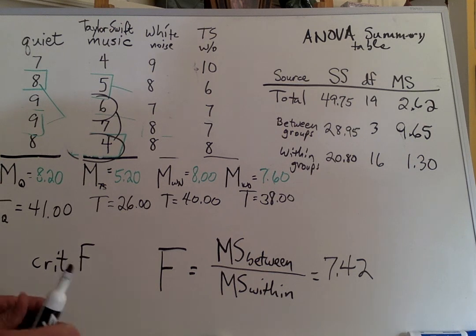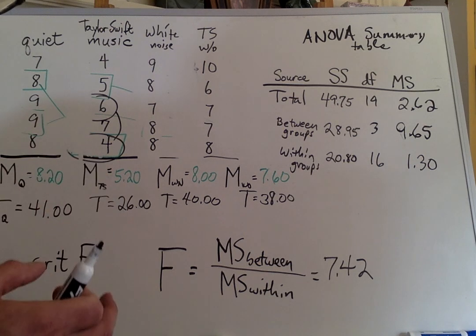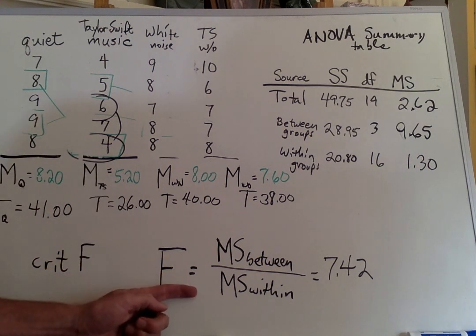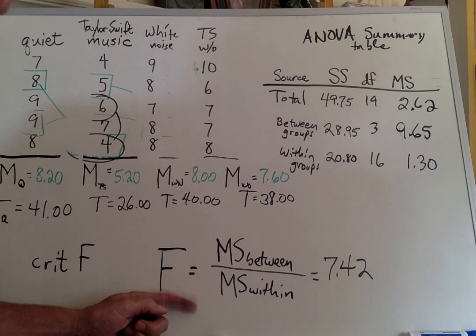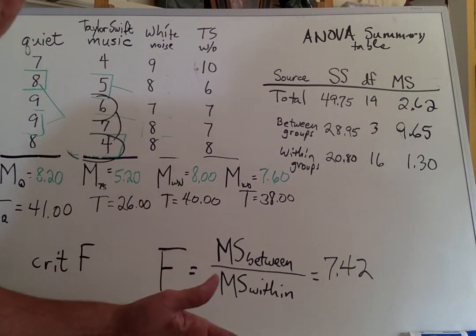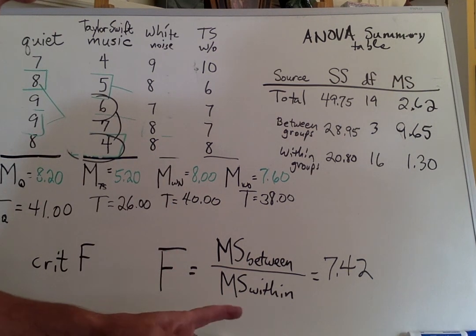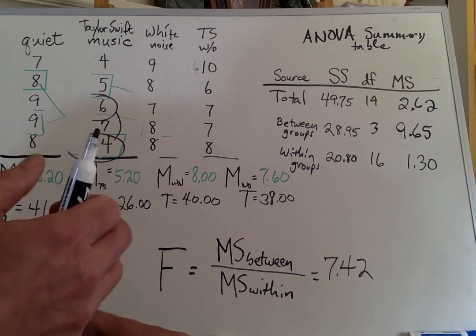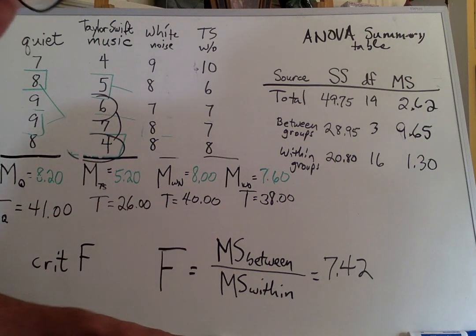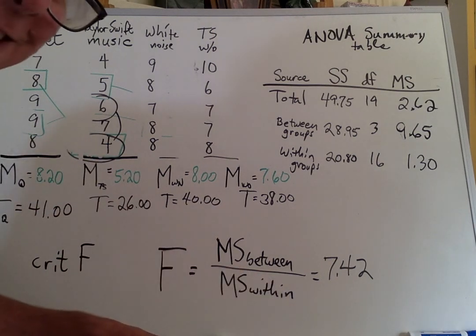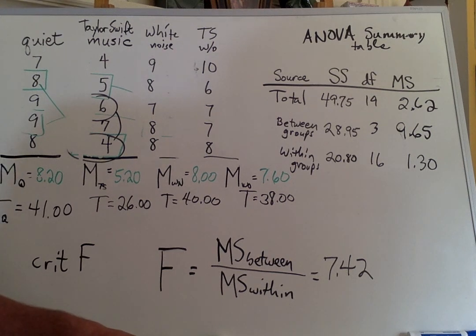Because you are correct when you remember that if this is greater than 1, there's some evidence for a treatment. But like all the things that we've done, we've got to say, well, is it really bigger than 1? I mean, is 7.42 big enough, larger than 1, for us to reject the null?